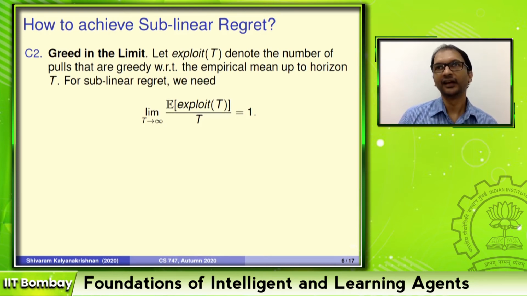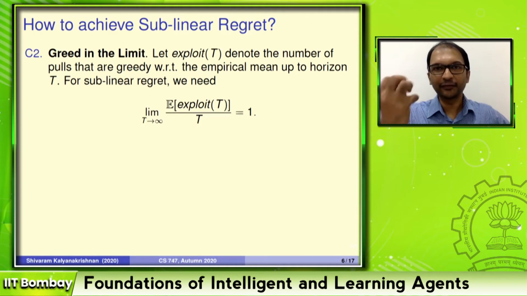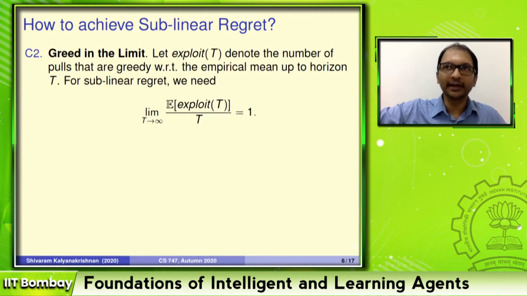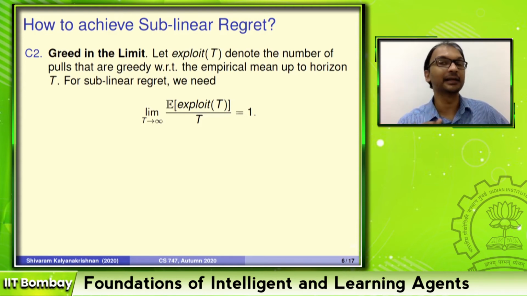Although we used the terms explore and exploit informally when we were talking about the epsilon-greedy algorithms, think of a formal definition of exploiting at any particular step. On a particular pull you are exploiting if the arm you are pulling is one of the arms with the highest empirical mean.